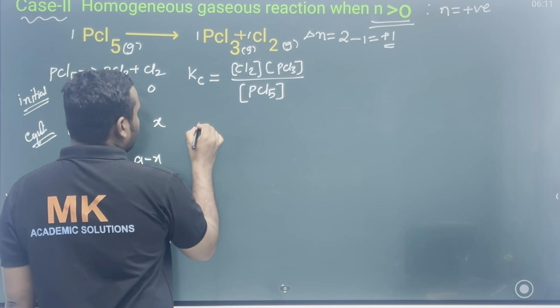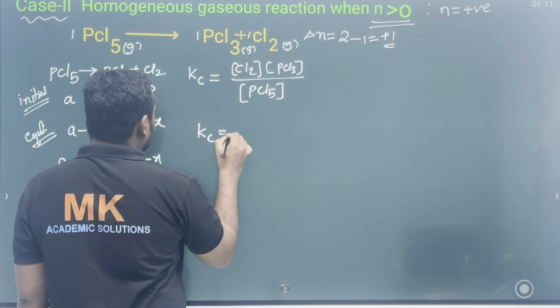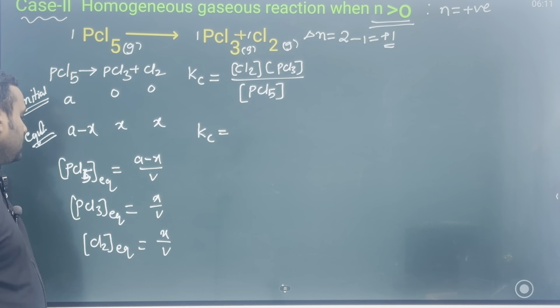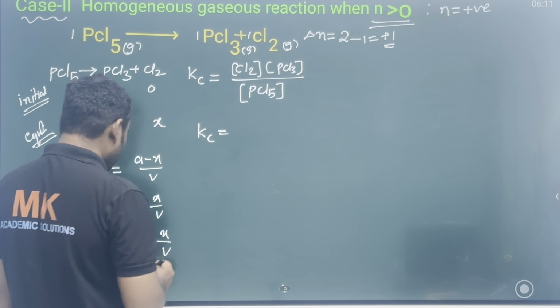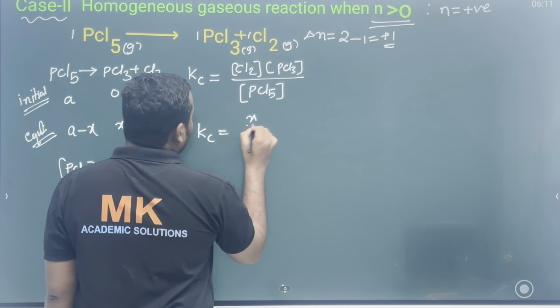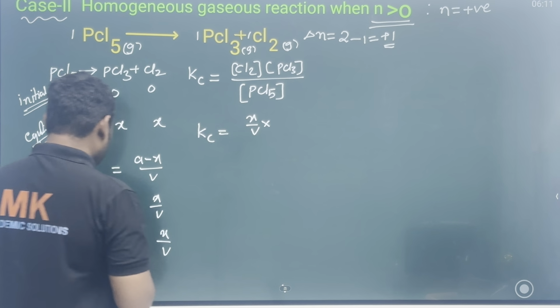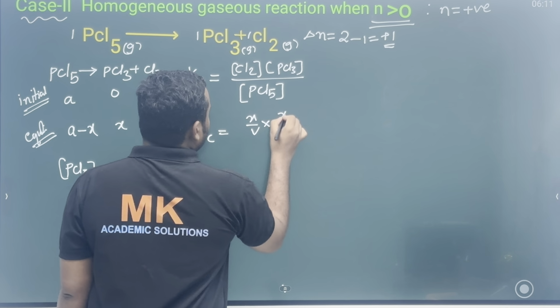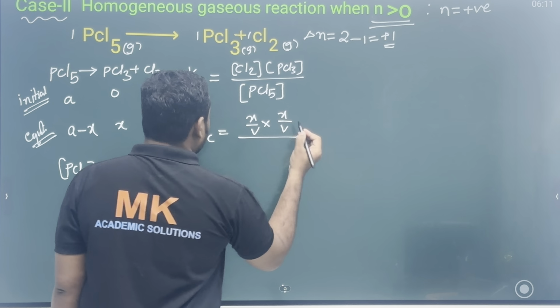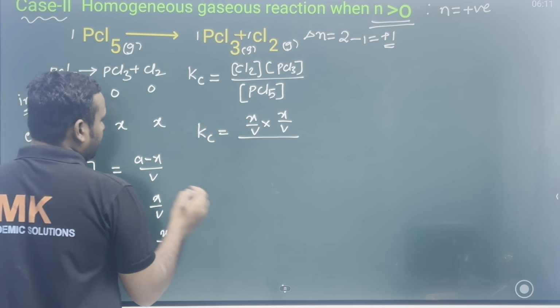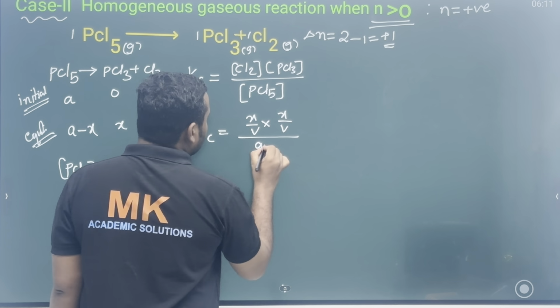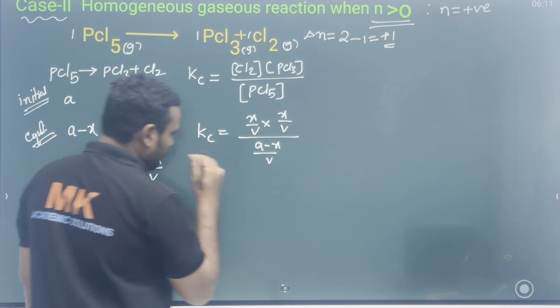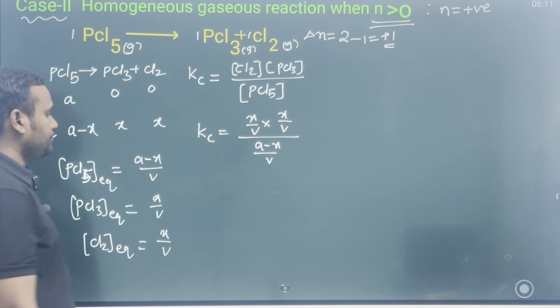Now let us substitute the concentration values in Kc. What is the Cl2 concentration? That is x by V, and PCl3 concentration, that is also x by V, by PCl5 concentration A minus x by V. Now let us simplify this.